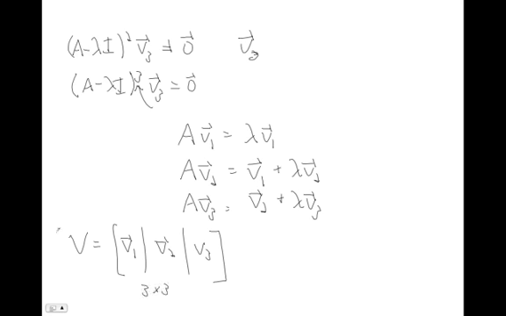So this matrix V is an invertible matrix, and V1, V2, and V3 form a valid basis set because they're linearly independent. So now, if I use this as a similarity transformation, I can take V inverse times A times V, because V is a valid basis set, so it represents a valid similarity transformation.